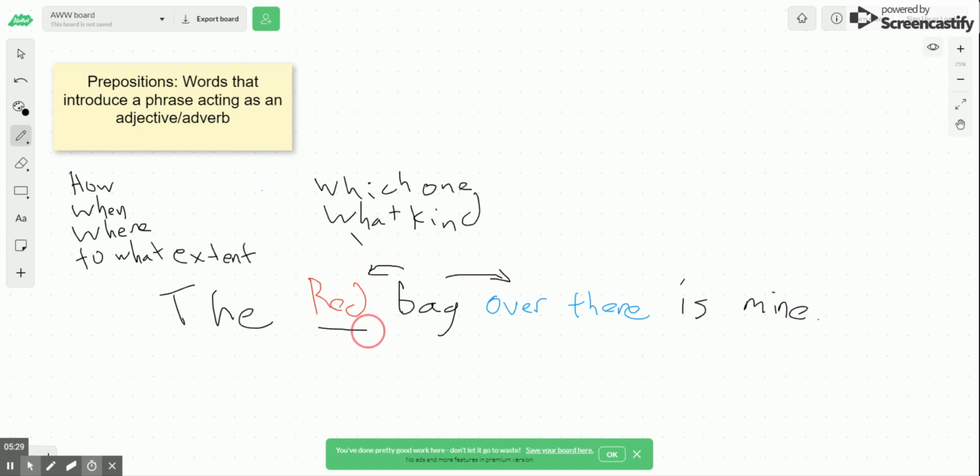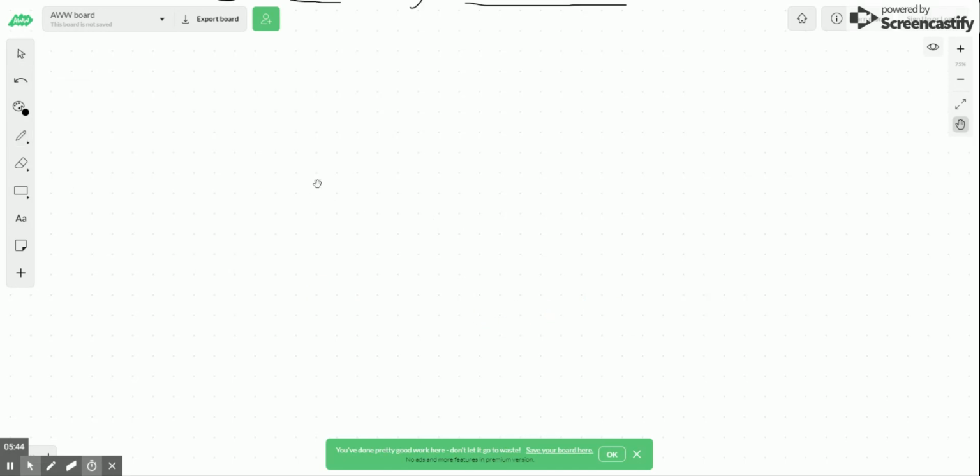Since this is a one word answer, it's an adjective. Since this one is answered in more than one word, it's a prepositional phrase. The preposition is always going to be the first word of a prepositional phrase. This is the end of the notes portion, and we're going to look at a couple sentences.